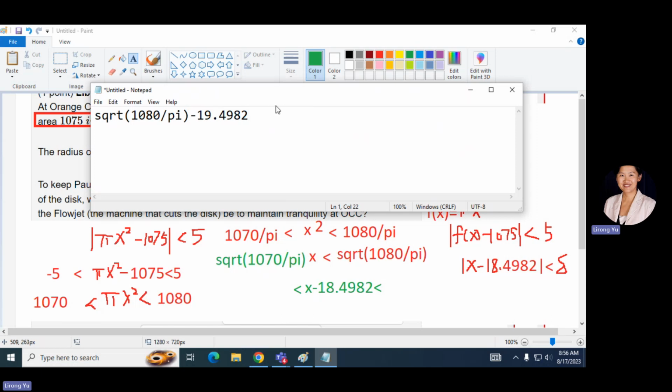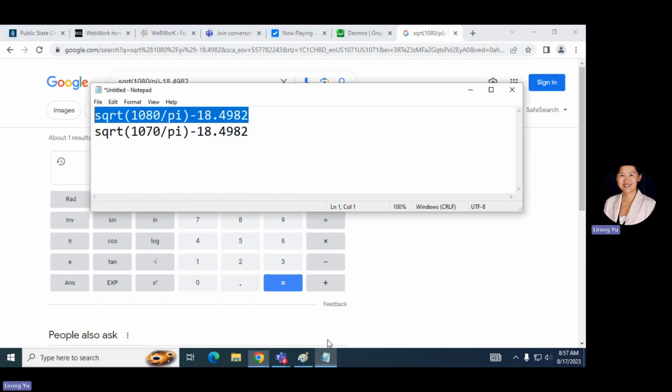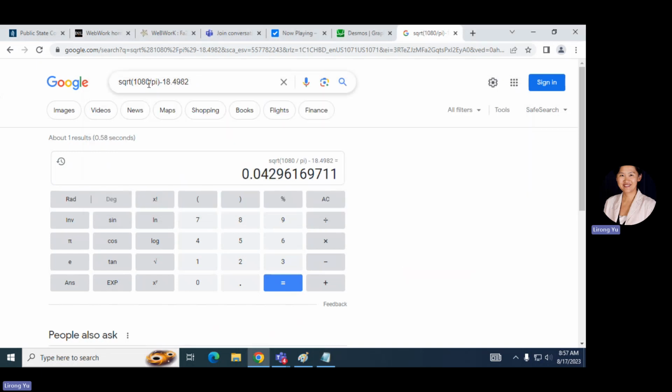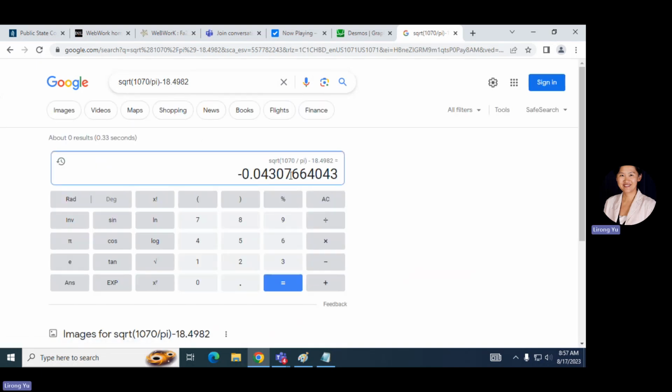That's the boundary on the right side, and then you calculate something quite close, but with the 1070. Right, now it's time to actually put it in the calculator. Okay, that's what we have. One, the right boundary. We switch that to a 1070. This boundary.